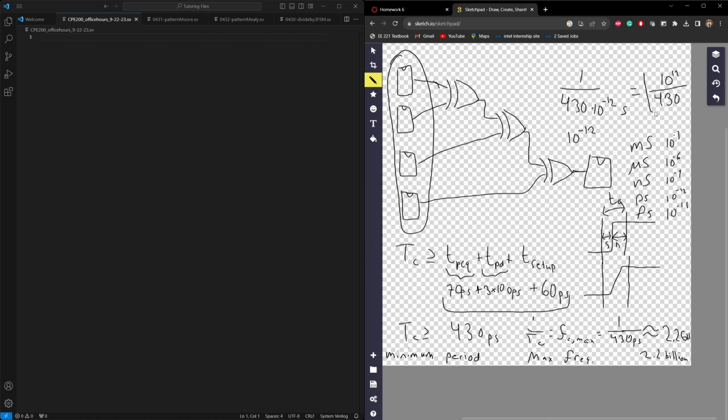So on your calculator, you can plug in this, and you'll get the exact number in hertz. And then if you want to express it in gigahertz, you can divide it by 10 to the 9. So if you wanted this number in gigahertz, and you divide it by 10 to the 9, it'd be the same as doing 10 to the third over 430.